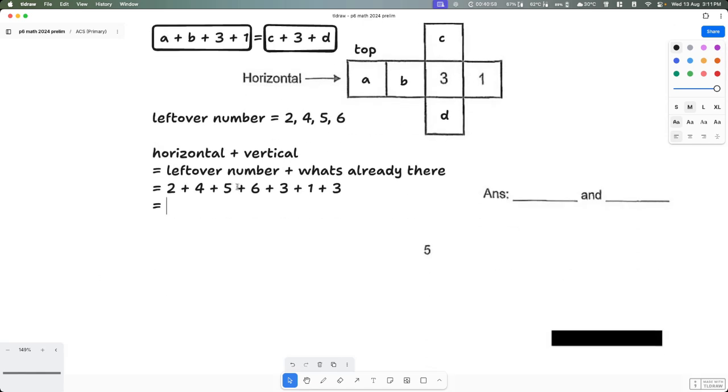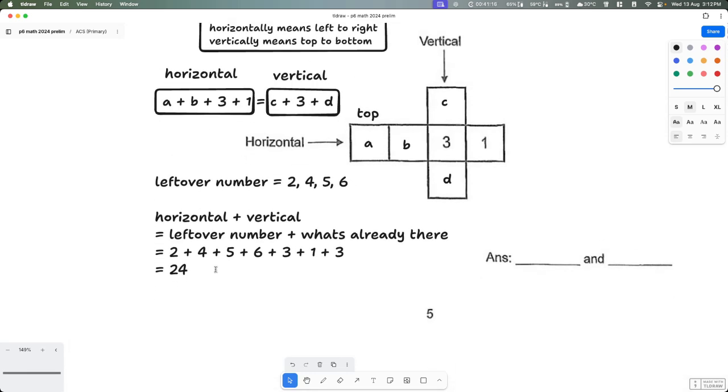If you count, 2 plus 4 is 6, then you get 6, 6, 6, and another 6. So it's 24. Since horizontal is the same as vertical, one side is equal to 24 divided by 2, and this will give us 12.